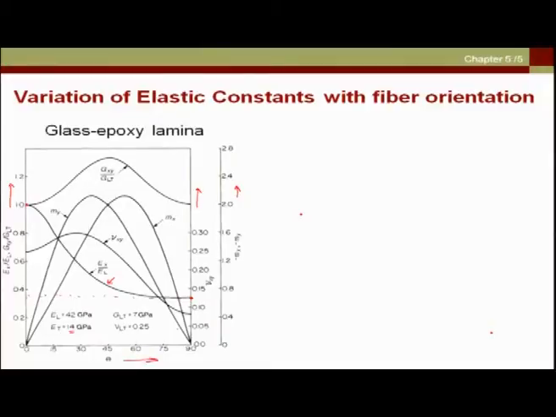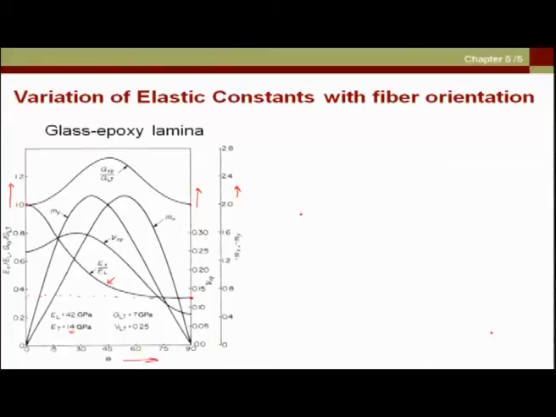The next thing we will look at is variation of GXY. When I divide the value of GXY by GLT at theta equals 0, this ratio is 1, which means that when the direction of loading and the direction of fibers are mutually aligned, then GXY and GLT are the same.